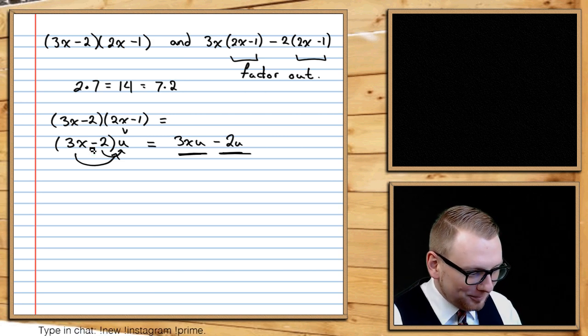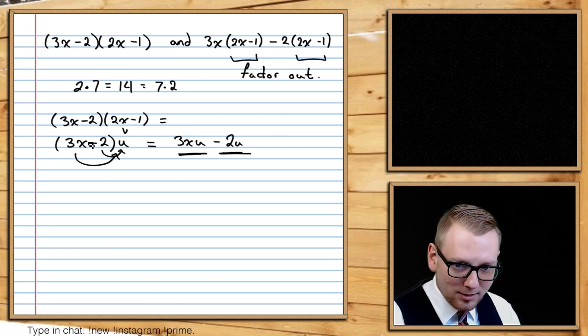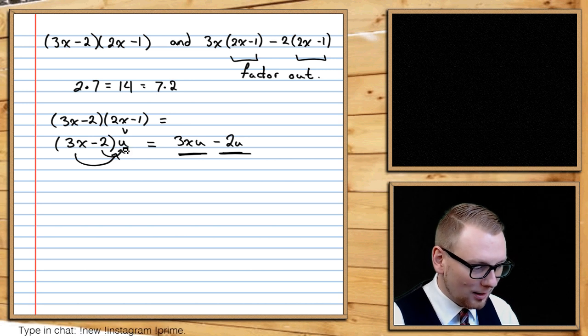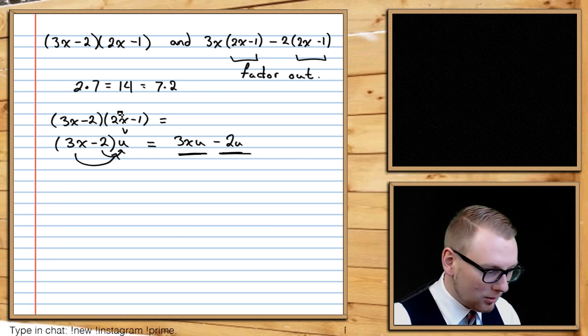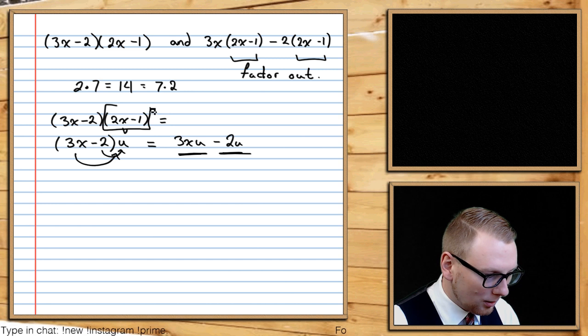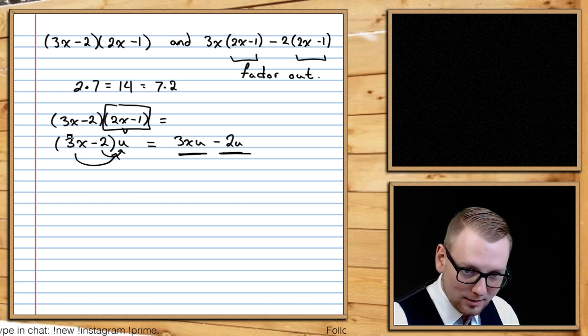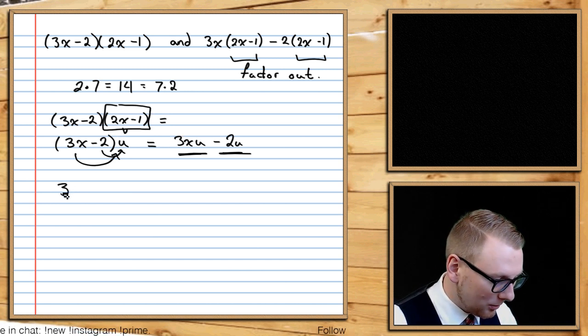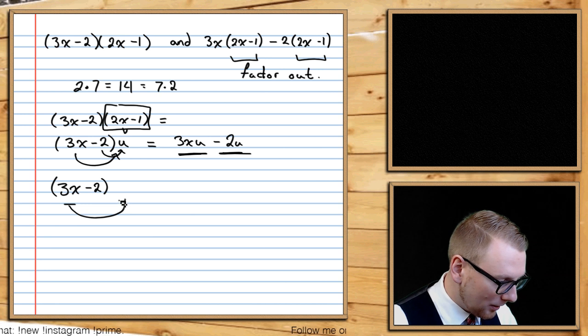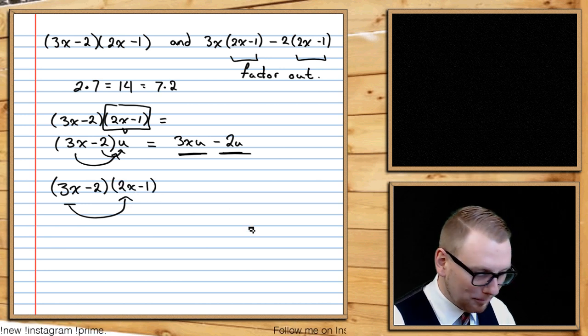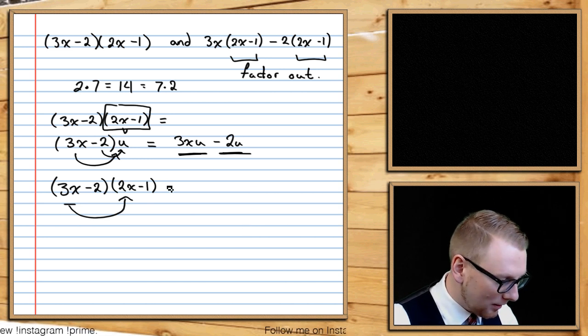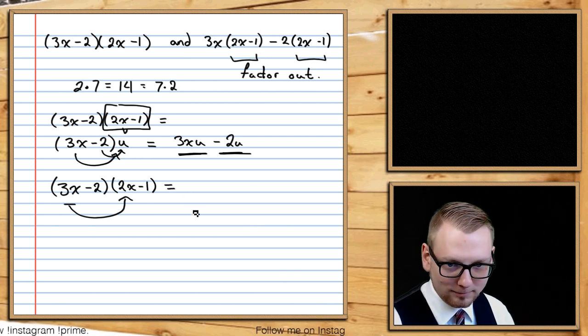Now we're doing the exact same thing, but instead of a u, we just have this whole term. So now you're going to take that 3 and multiply it onto the whole thing, 2x minus 1. And then what do you get?